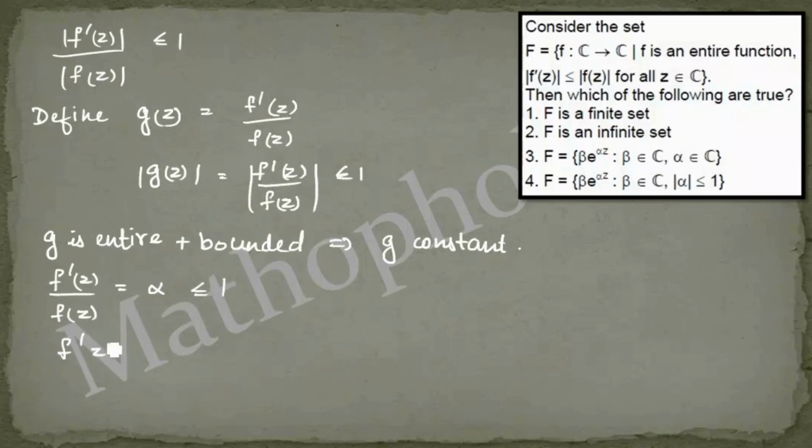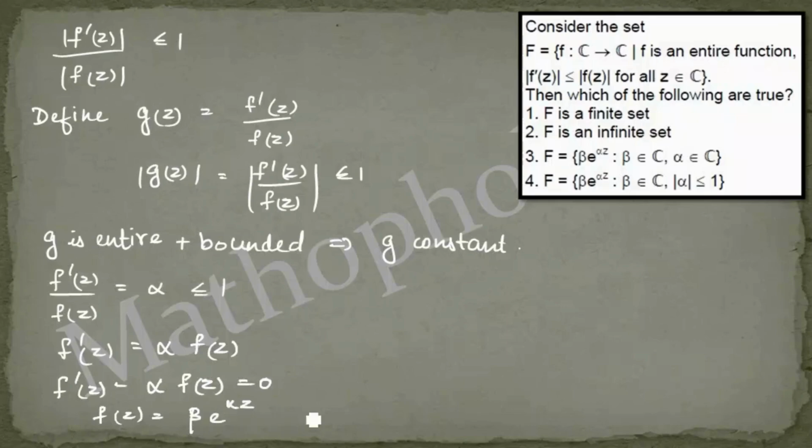Using this, we write f dash of z is equal to alpha into f of z. So f dash of z minus alpha f of z will be equal to 0. Solving this, the solution will be f of z is equal to beta e power alpha z.